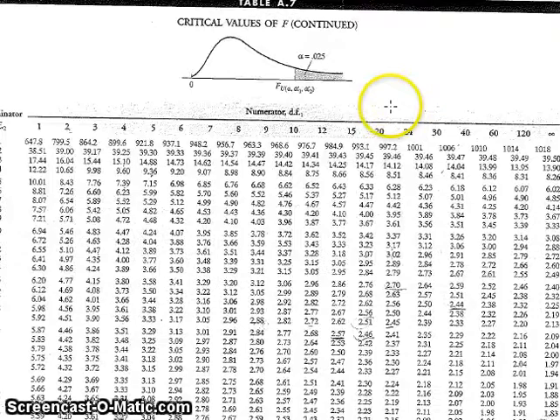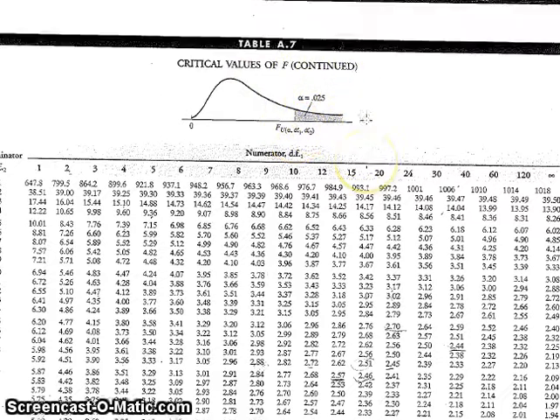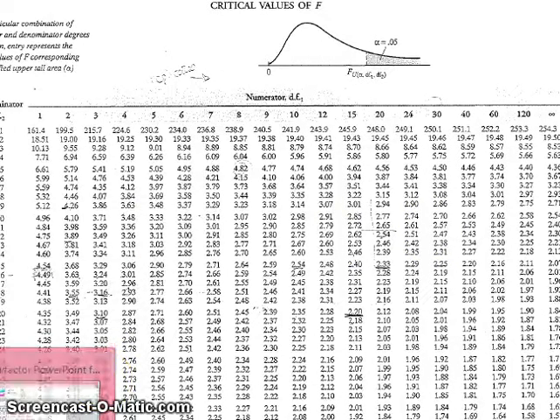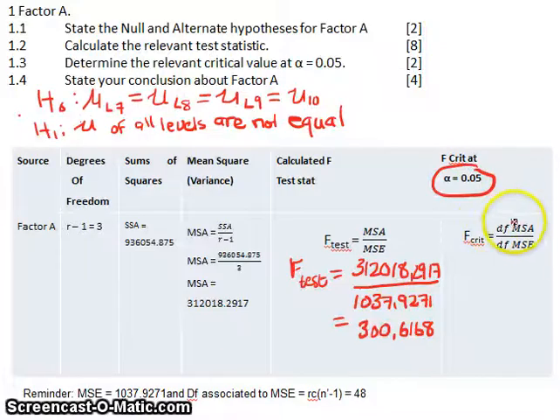There are many F tables, so when you approach an example like this, you open it up and you'll see F table, and we forget to actually make sure that the alpha is the alpha that we're looking for. So in this case, this is the F table that we're going to use. And we'll look at the degrees of freedom. The degrees of freedom for MSA is 3.